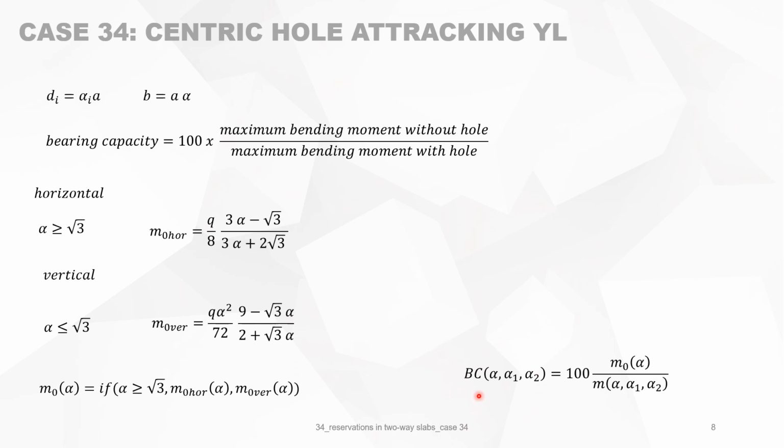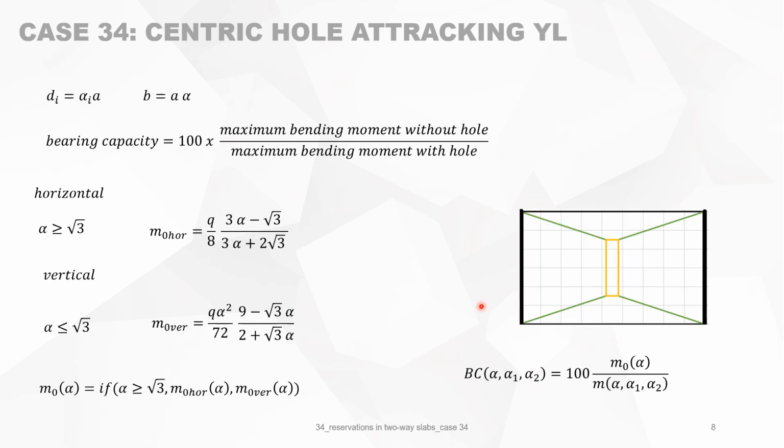And the bearing capacity is, of course, a function of alpha, alpha 1, and alpha 2, and is given by this. For instance, for a case like that, alpha is 1.5, so this 1.5 times this. Alpha 1, which is the vertical, or is half of this side, so alpha 1 is 0.5, and alpha 2 is 1/10 of this side is 0.1.